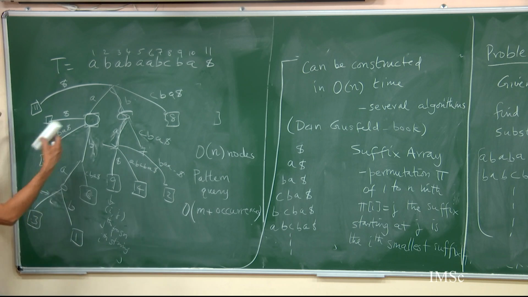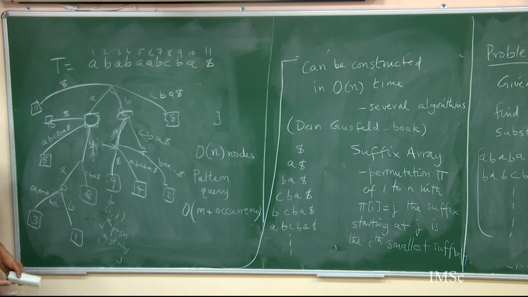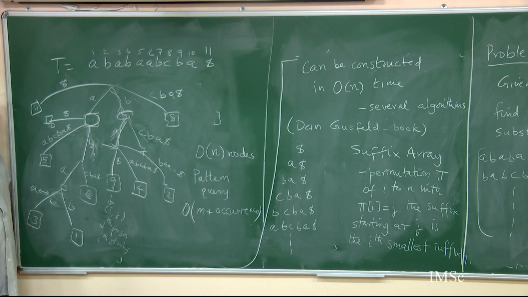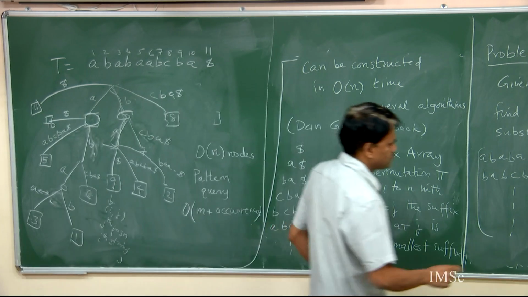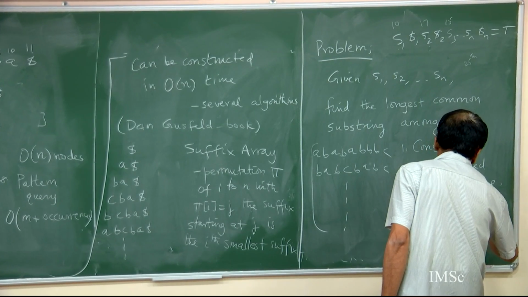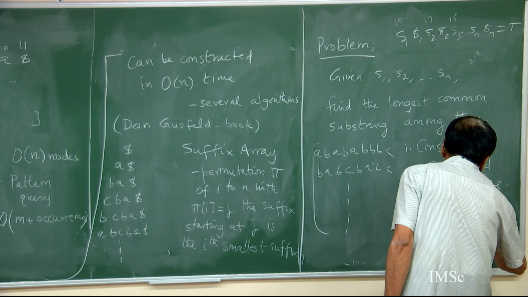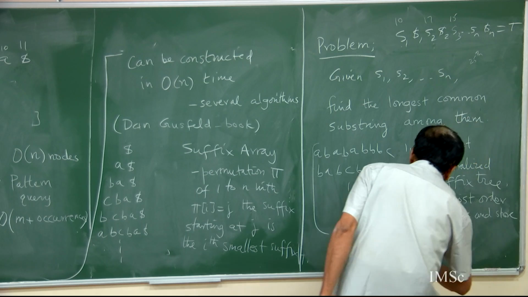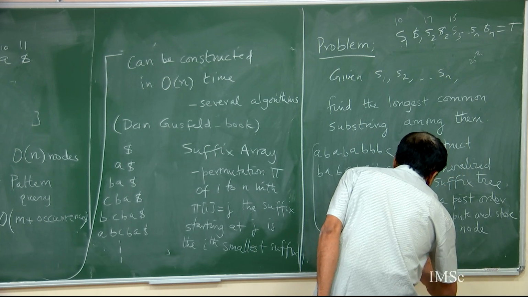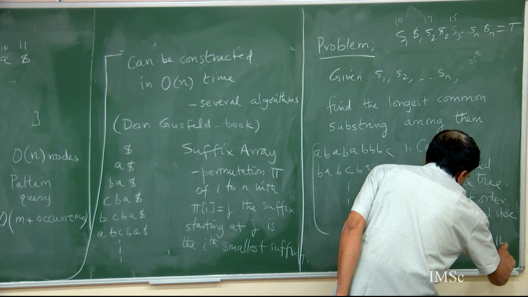After I construct this, I do a post-order traversal of the whole tree starting from the leaves, and compute and store at every node the set of strings in which that node appears.